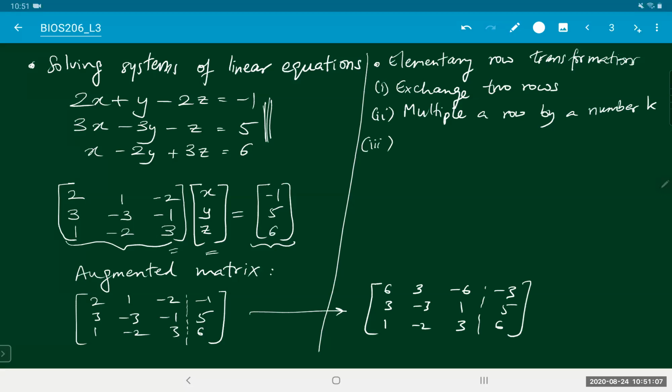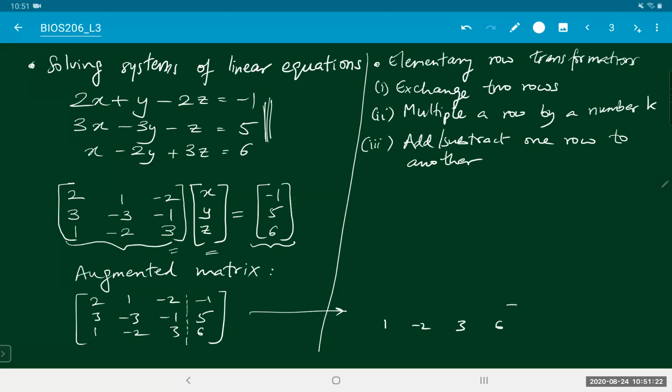And the third thing that I can do is I can add or subtract one row to another. So over here, suppose I decide that I want to add the second row to the first row.